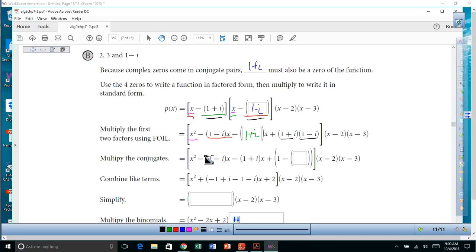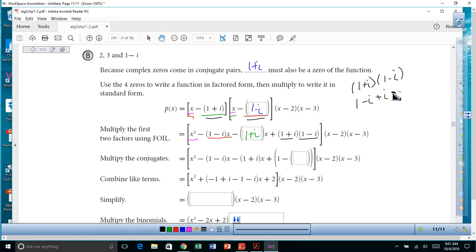So here, we'll do those in just a second. Let's do these right here. You got 1 times 1 is 1. Let's take this over here: 1 plus i times 1 minus i. That's 1 times 1 is 1. 1 times negative i is negative i. i times 1 is positive i.